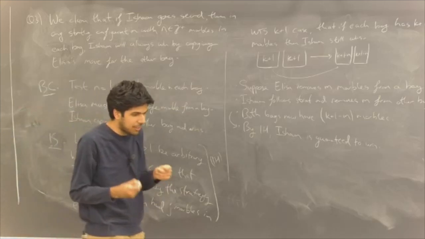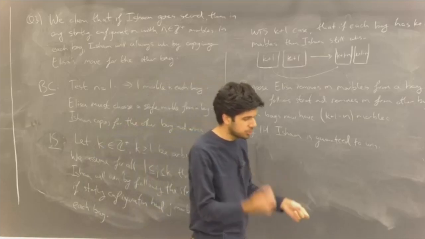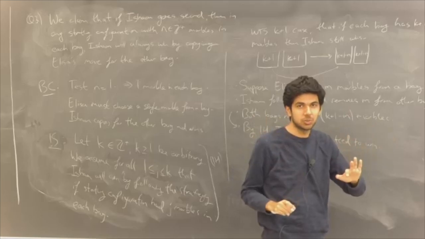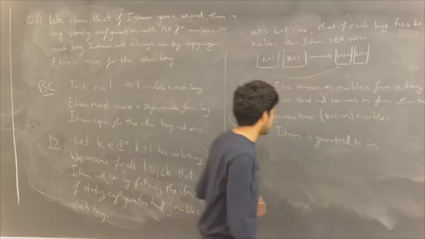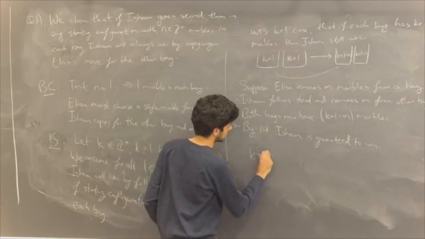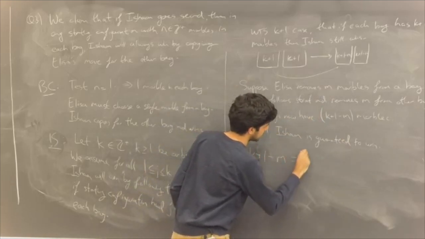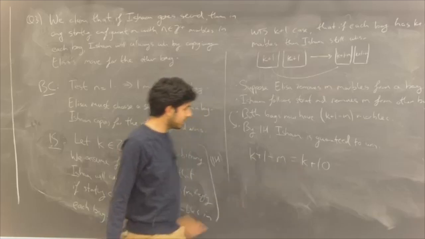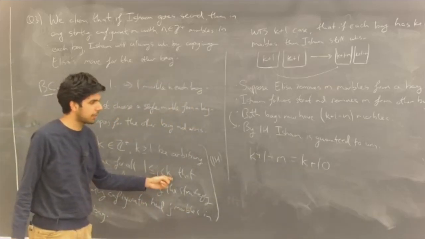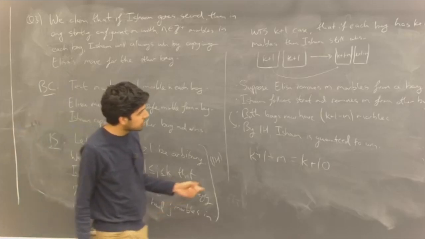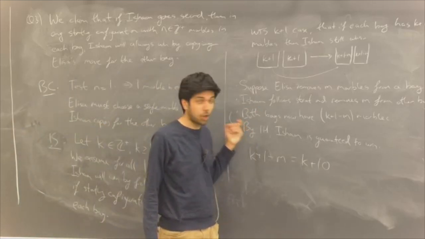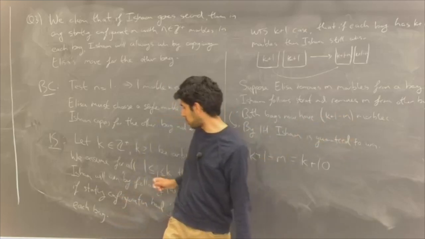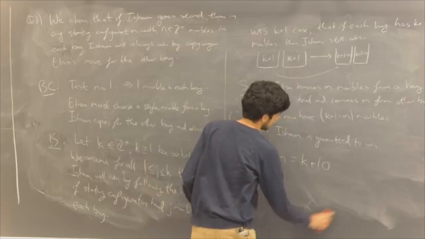Only if there's 1 marble in each bag, or 2 marbles in each bag, up to k marbles in each bag, only then could I assume that Ishaan would win. So in a world where k plus 1 minus m equals, say, k plus 10, I couldn't conclude this, because I didn't assume it for k plus 10. I only assumed it up to k. So to make this transition correct, we would have to show that k plus 1 minus m always falls in the range 1 to k. That is an important step.